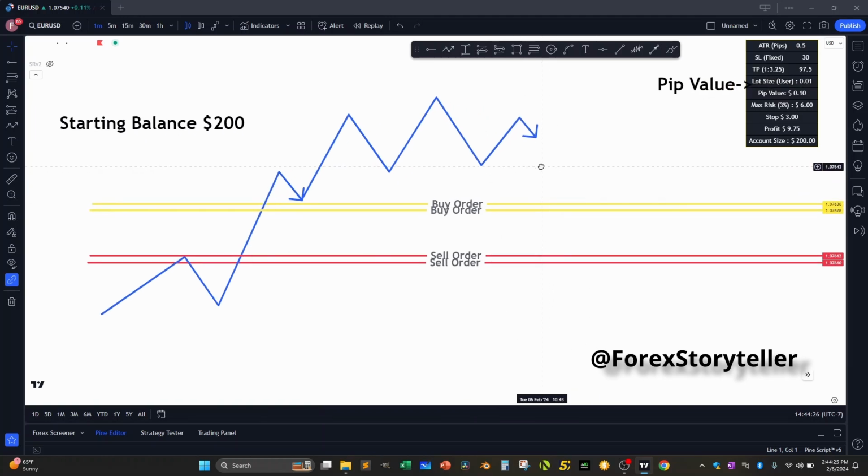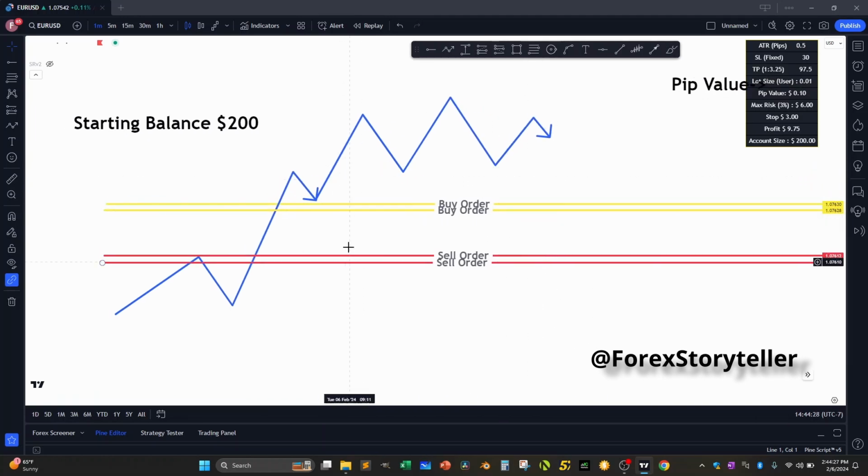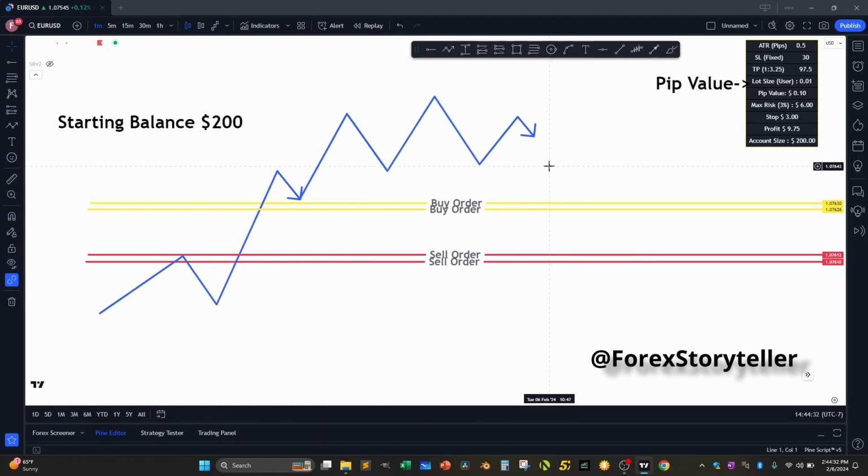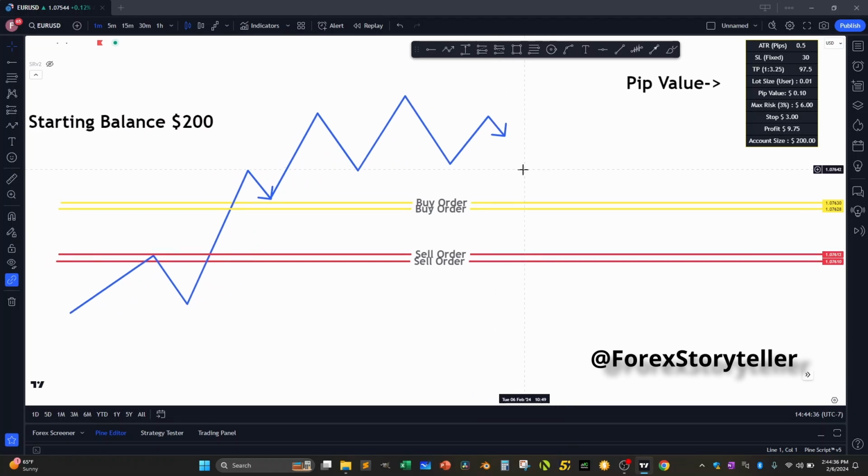But what we want to do is, if we're holding our positions in the market, for whichever reason, mainly just being it would be a preferred style to trade. So what we would have to do in this situation, though, let's say we didn't want to risk much, we only wanted to risk $3 instead of $6.